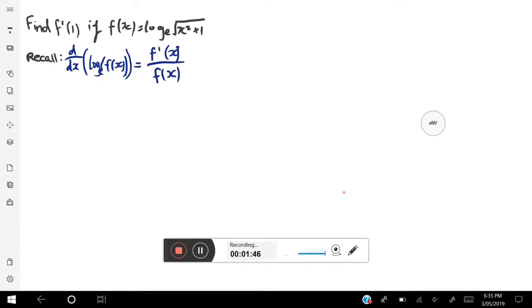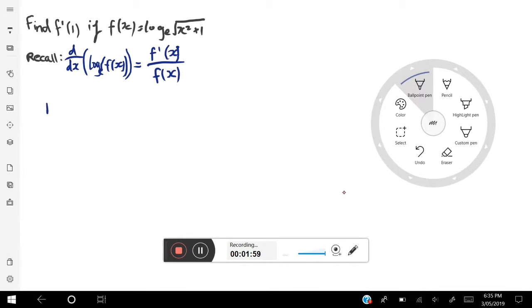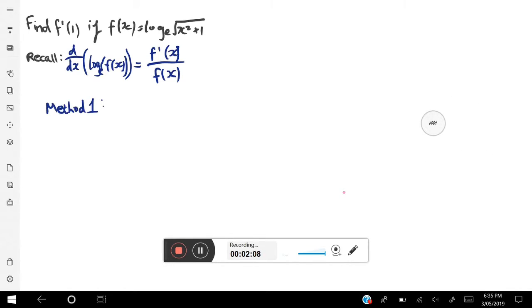Okay, so there's 3 different ways to solve this question. I'll give you the first method, which is the quickest method, I think. So method 1. For this one, we'll just be using that rule directly.